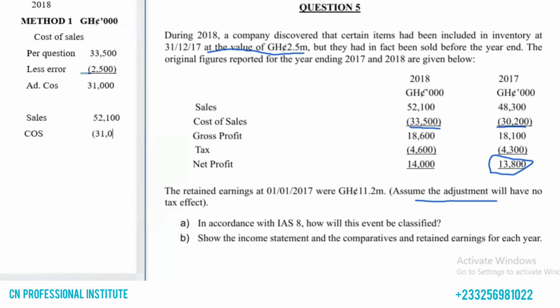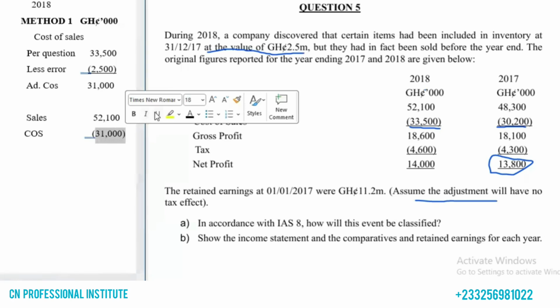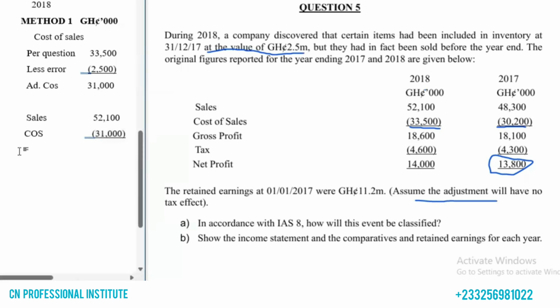Then we less it, 31,000, and we underline, and then we have a gross profit of 21,100. So this is gross profit.